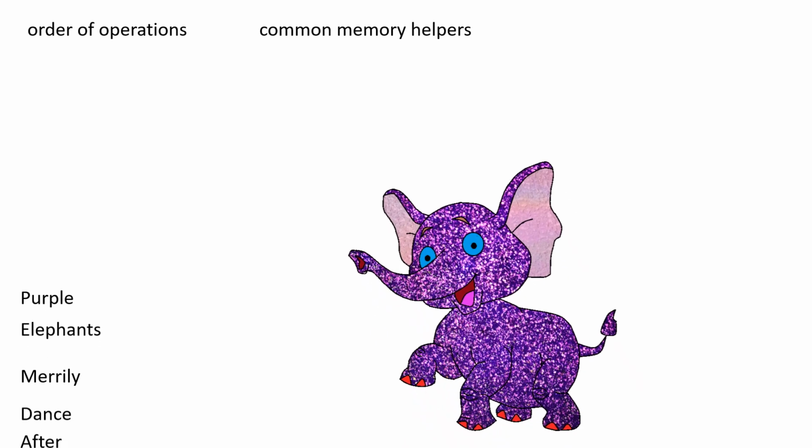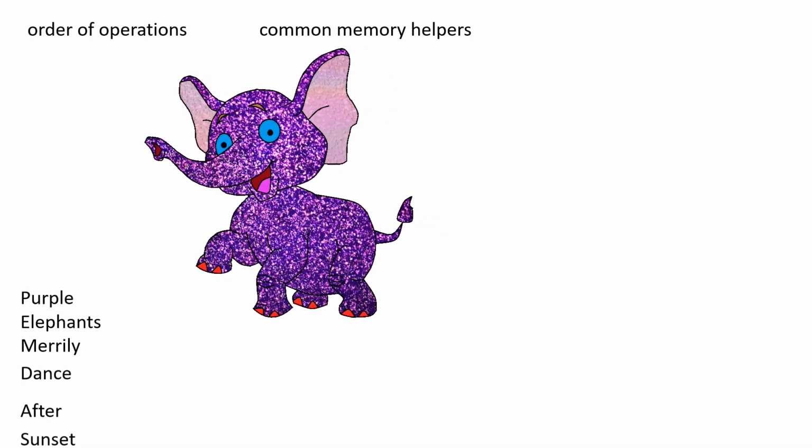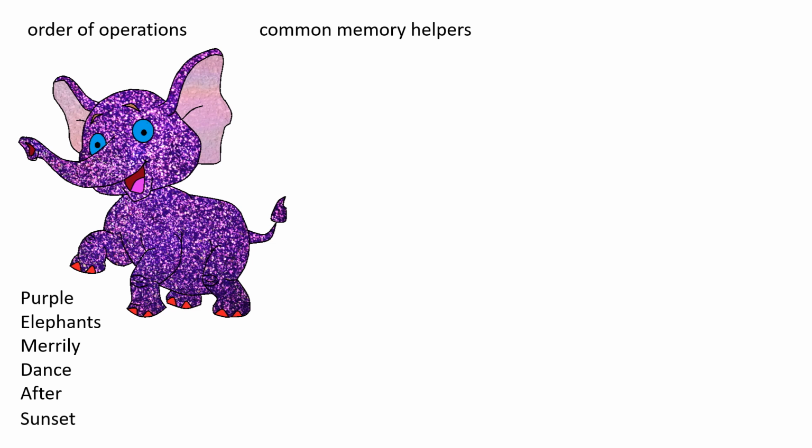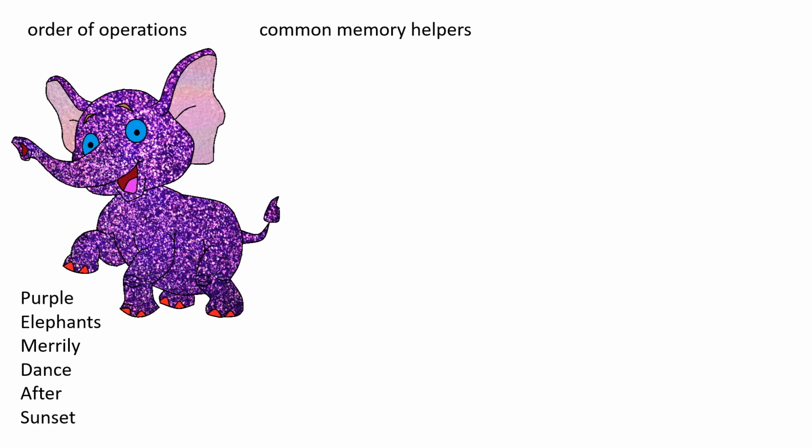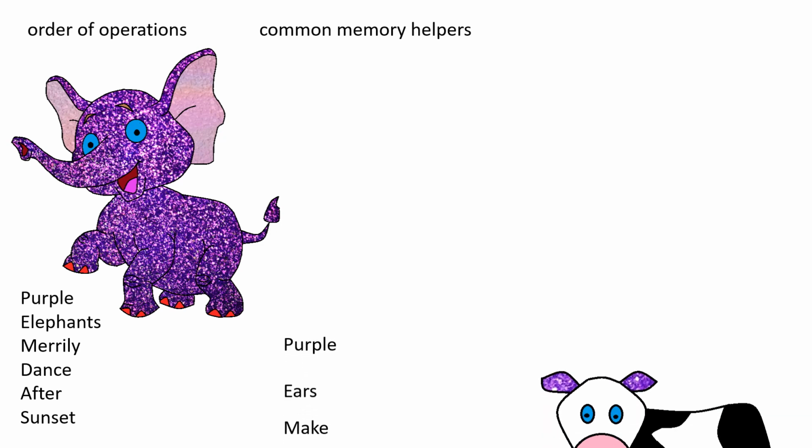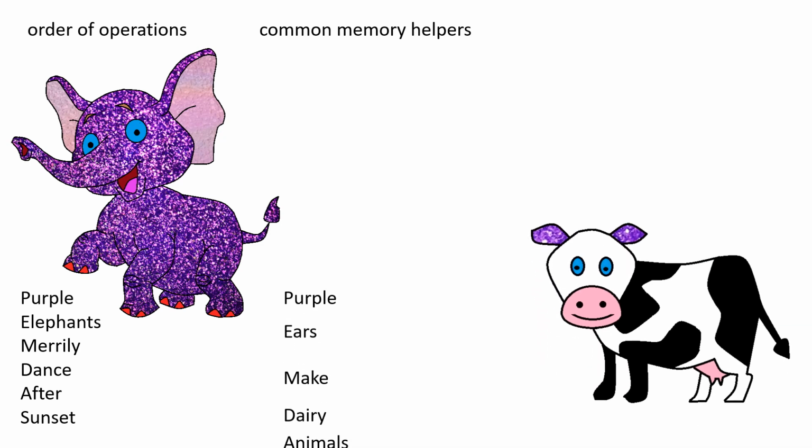Purple elephants merrily dance after sunset. Purple ears make dairy animals super.